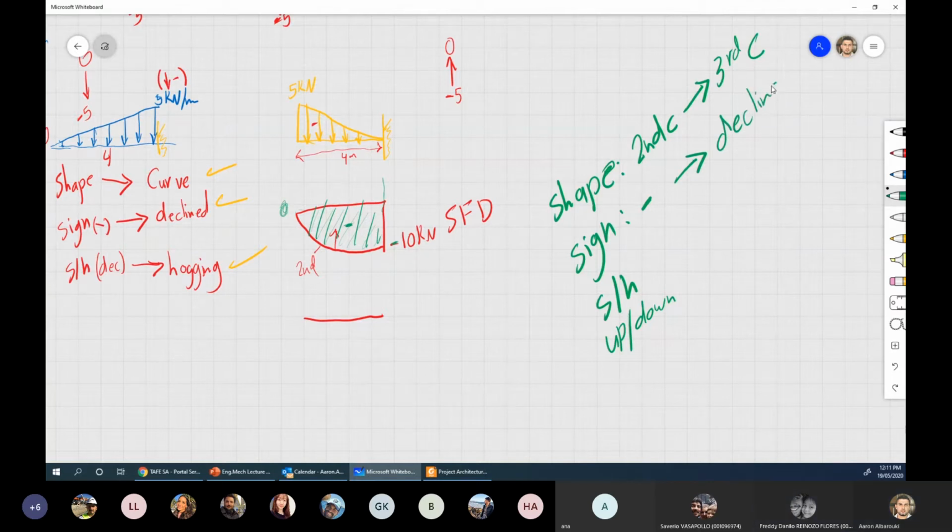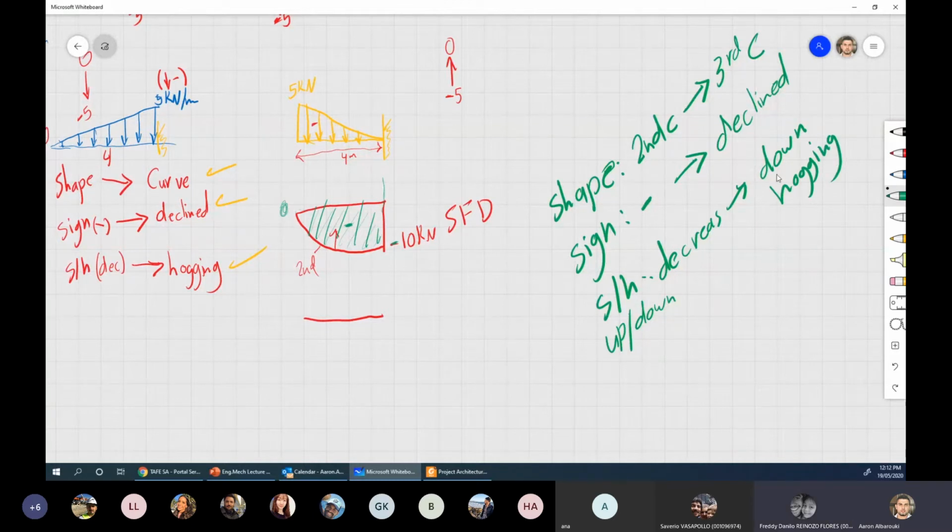Okay, cool. The third thing I'm asking is, is my value here increasing or decreasing? If I start at 0 and I finish at negative 10, so decreasing. So my value is decreasing. That means my new curve is facing down, or in other words, I can say it's hogging. The engineering name for that is a hogging curve.